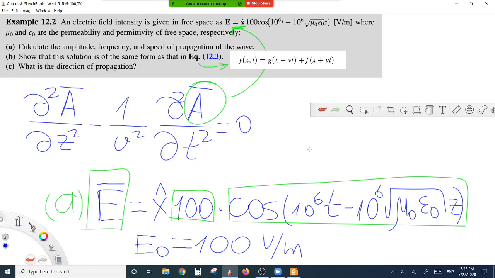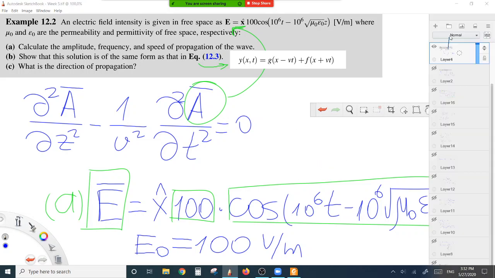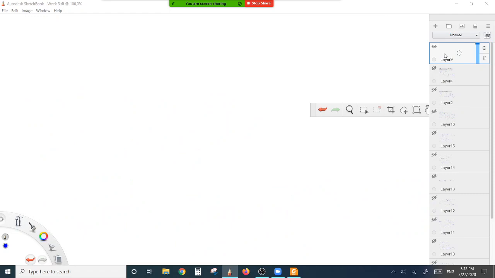And now, what about the frequency? In order to find the frequency, we need to remember how we write harmonic functions.